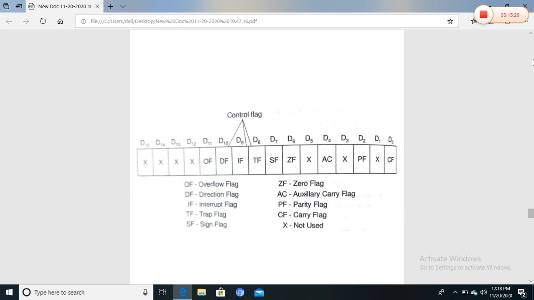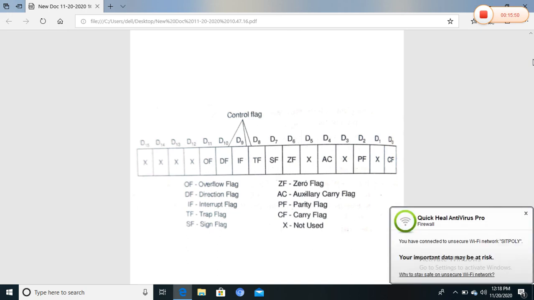Next is the interrupt flag. The IF flag is an interrupt enable or disable flag. If this flag is set, then the INTR of 8086 is enabled. If this flag is reset, then interrupt is disabled. Means if an interrupt is generated on that pin, it depends on whether the flag is set or reset.